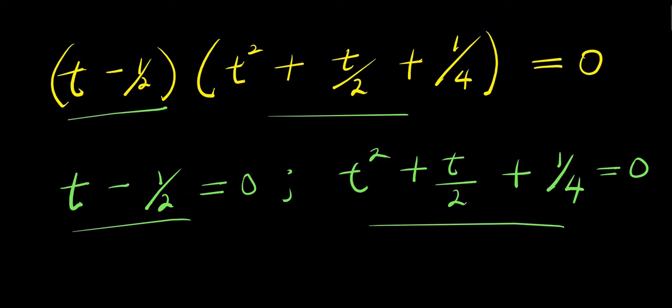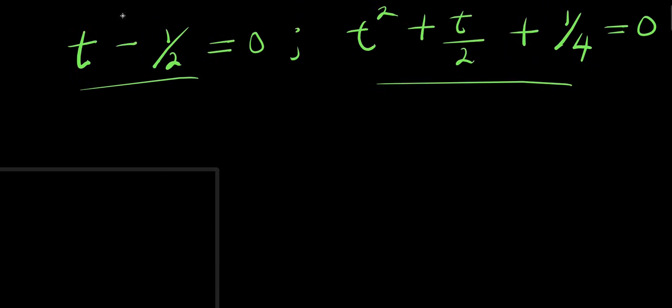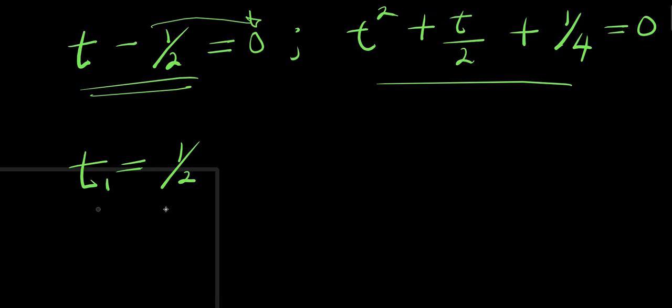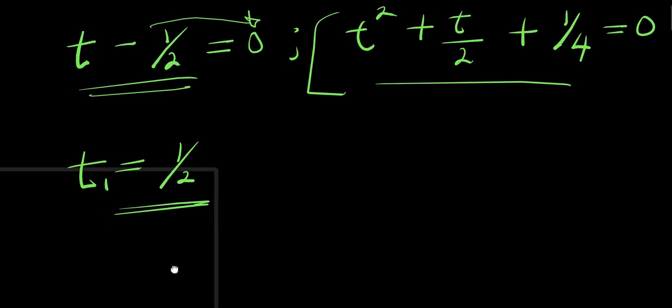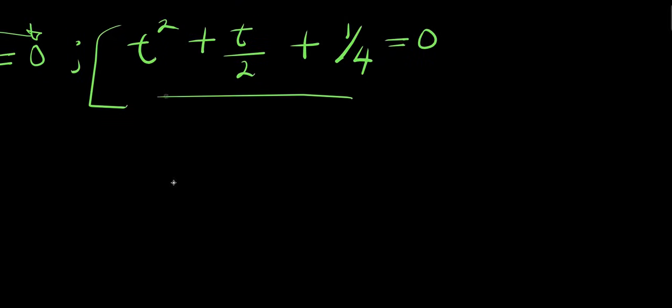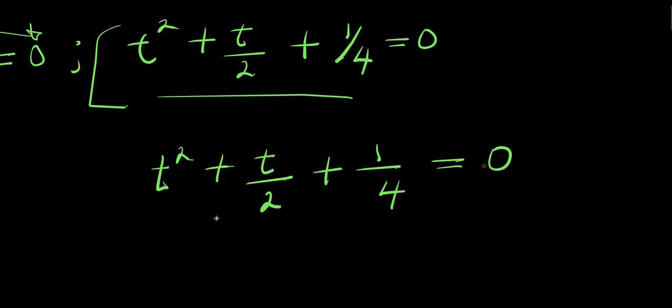Now let's solve these equations. For the first one here, I have t equals 1 over 2 because I simply move this over here. This is my t1. For this one, I have t squared plus t over 2 plus 1 over 4 equals 0. This is about 1. The LCM here is 4.